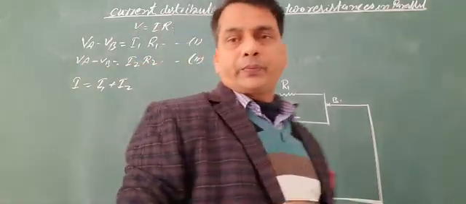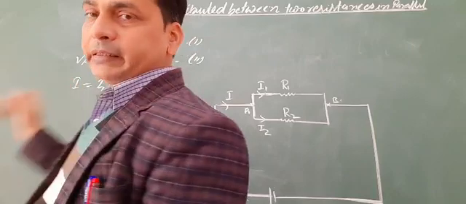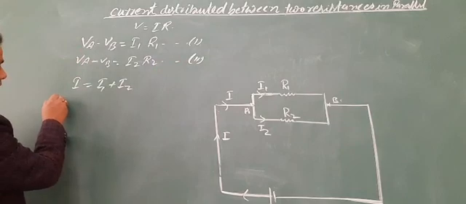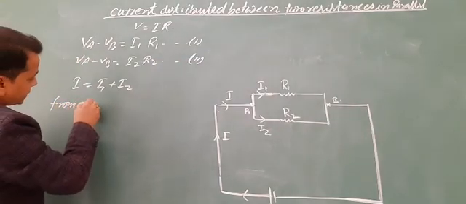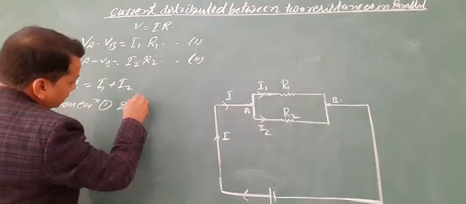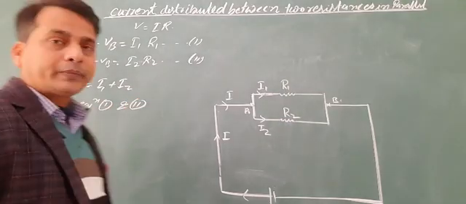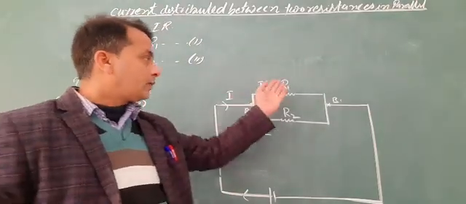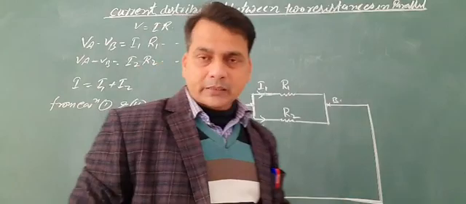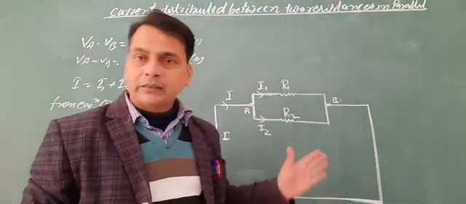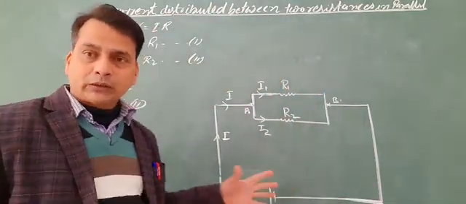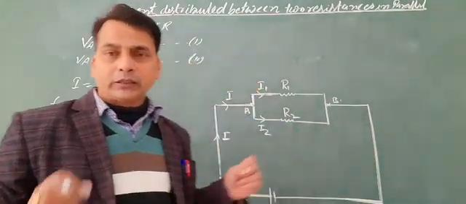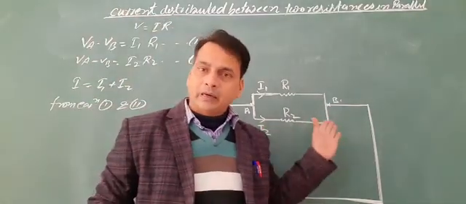Now, from equations 1 and 2, the potential difference across each resistor will be the same, because R1 and R2 are connected in parallel combination. In a parallel connection, the potential difference is the same and the current in each resistor will be different.